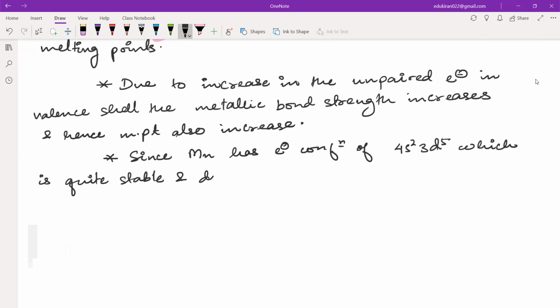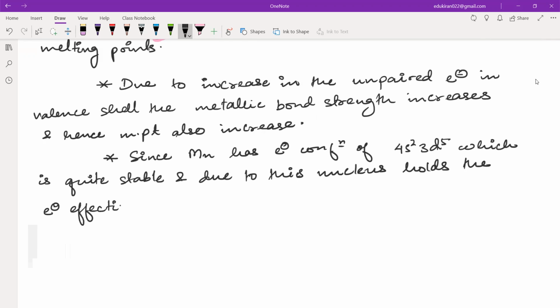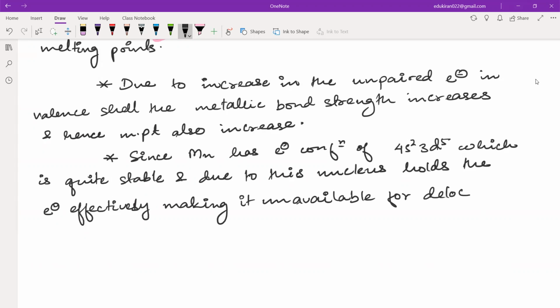and due to this the nucleus holds the electrons effectively, making them unavailable for delocalization.